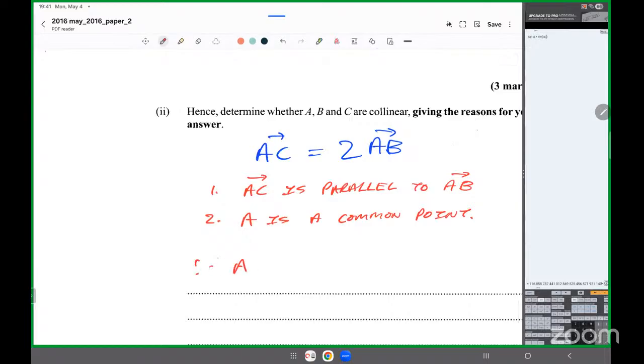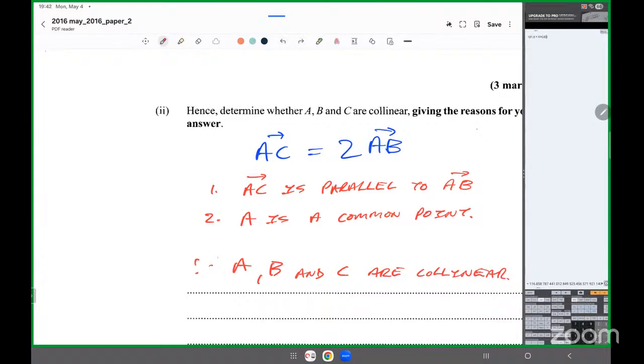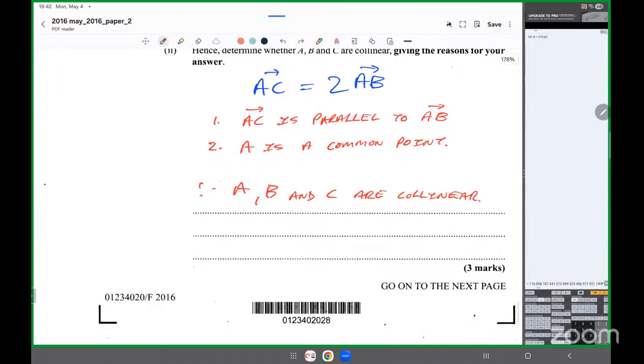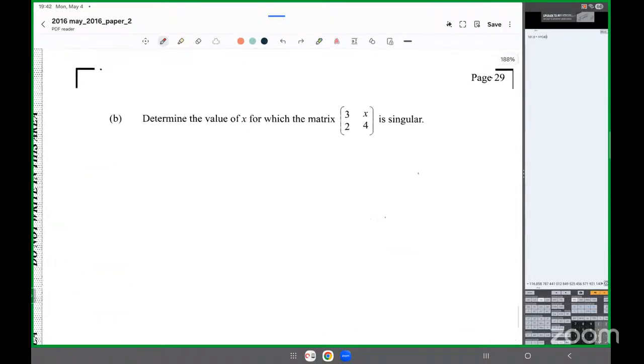Therefore, A, B, and C are indeed collinear, meaning that they are on a straight line. That is it. 3 marks for that.